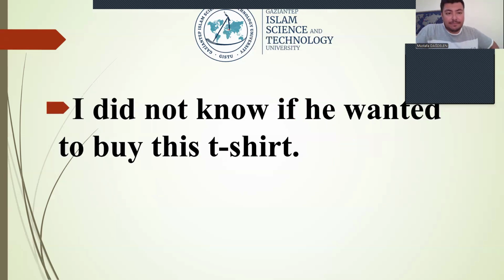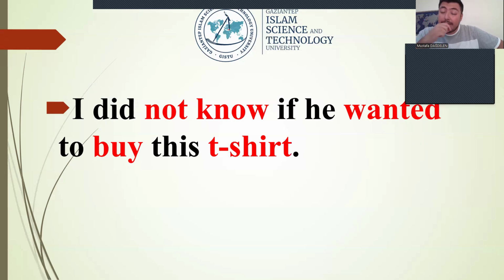Let's go on. You will read this on your own. I will wait. Let's see. I did not know if he wanted to buy this t-shirt. So, again, let's have a look at it. Not know.